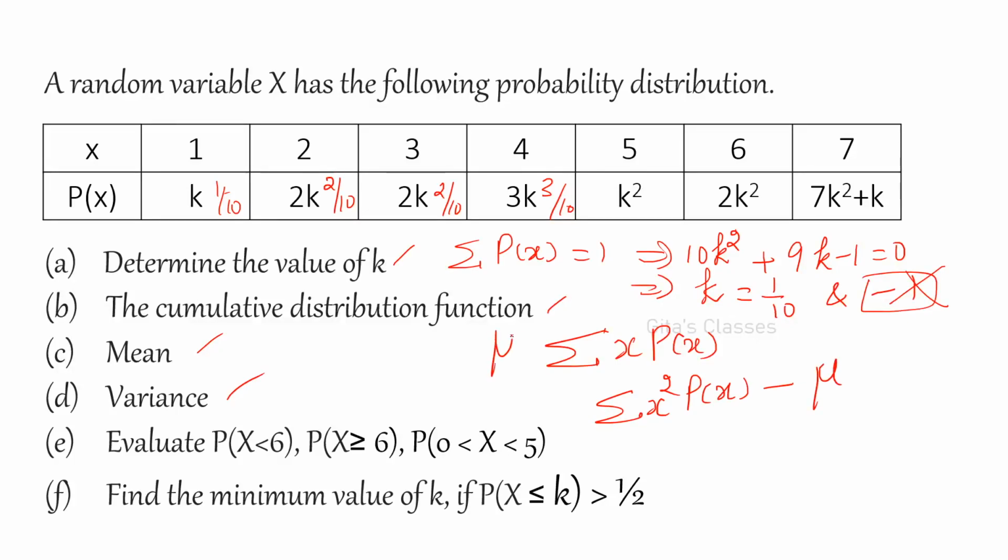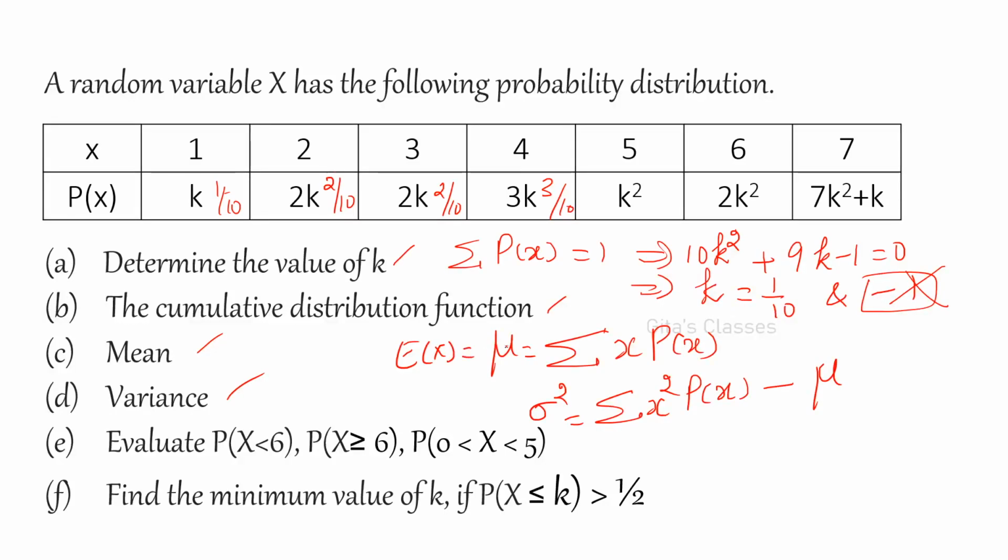This is our mu. And sigma squared, variance, is sigma x squared P of X minus mu. So this is actually E of X squared minus E of X the whole squared. So E of X squared is sigma x squared into P of X and E of X is mu. This is our E of X.